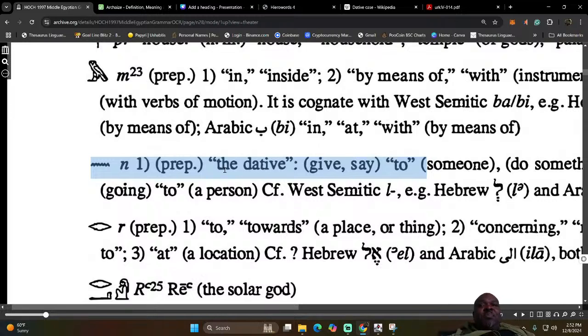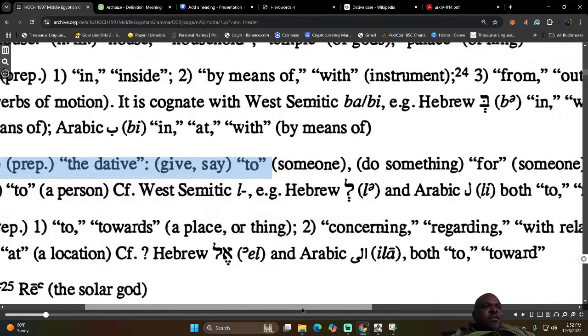So if you wanted to beat me up, which one are you going to use? You might think it was in, but actually if you wanted to beat me up, you're going to use R, because you're going to come towards me, and then you're going to commit an action after that. If you wanted to give me a gift, you do that. But hold on, let me scroll over.